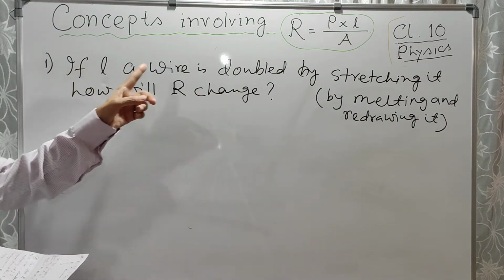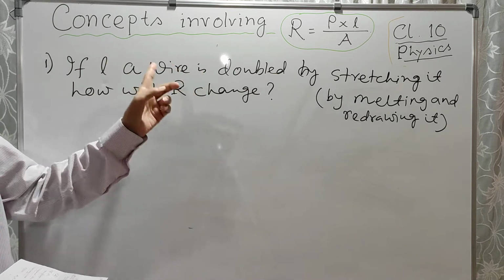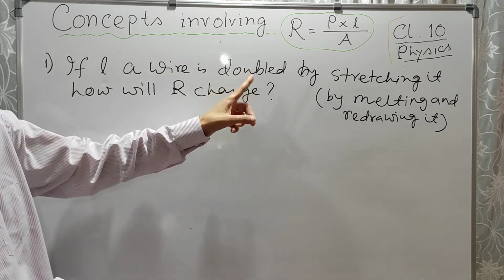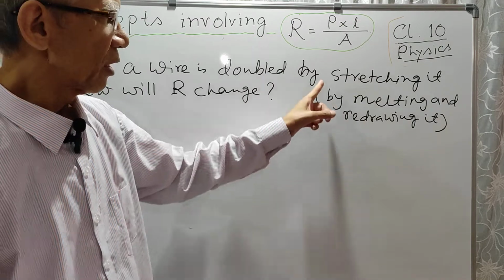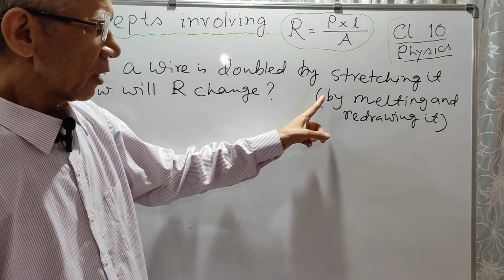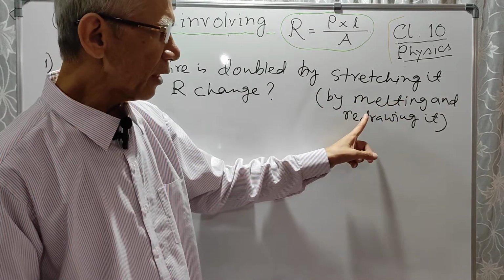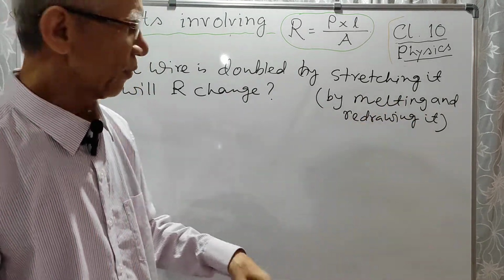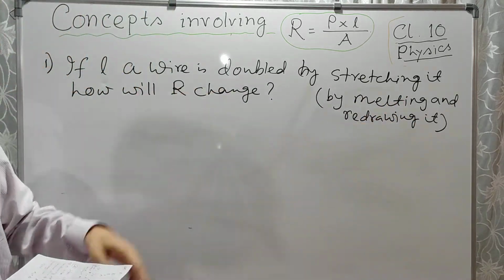So if the length of a certain wire is doubled, how doubled? By stretching it, or by pulling it, or by melting it and redrawing it, reshaping it, then how will the resistance change?